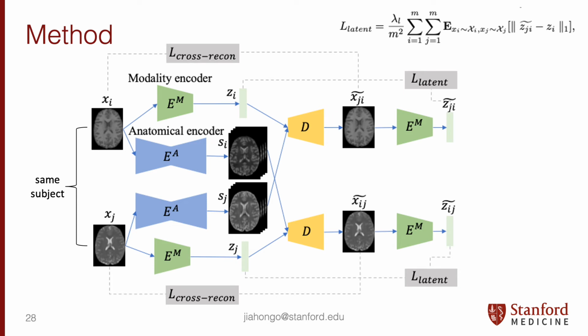The second component is latent loss. We further put the reconstructed image through the modality encoder again to get Z tilde. A loss term is added to encourage this Z tilde to be close to the original Z, so that we can ensure that the reconstructed image is in the expected modality domain.